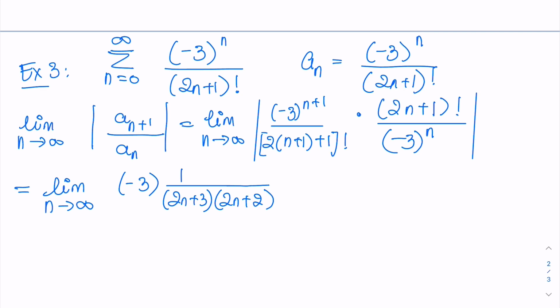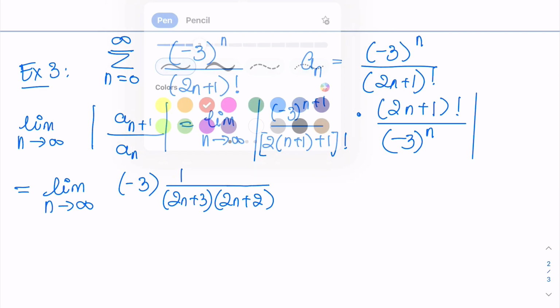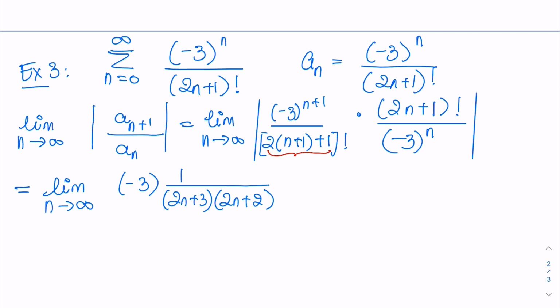Because you can see right here, if you simplify this one, you're going to have 2n plus 2 plus 1. So that's 2n plus 3. And don't forget, this is factorial. So we're left with two terms, 2n plus 3 and 2n plus 2.